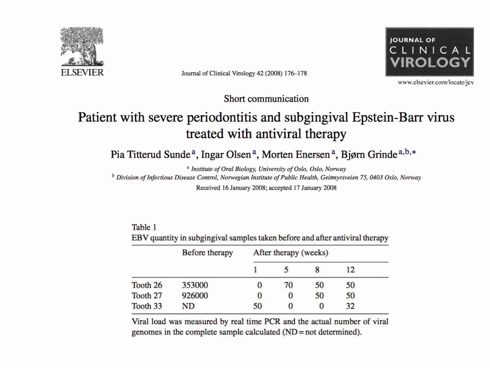So that said, with regard to a link between a herpes virus and periodontitis, this particular paper demonstrates that there very likely is, in this particular instance at least, a causal relationship.